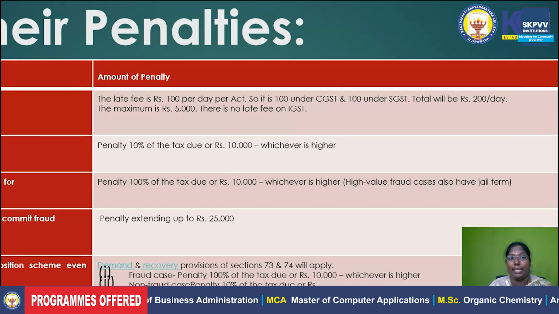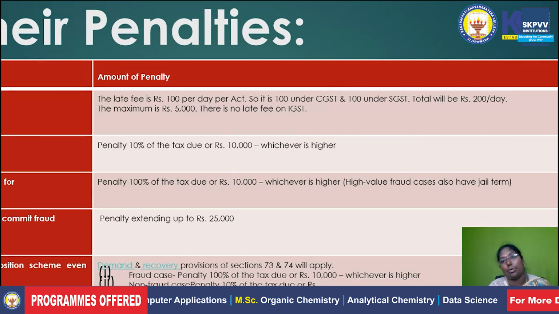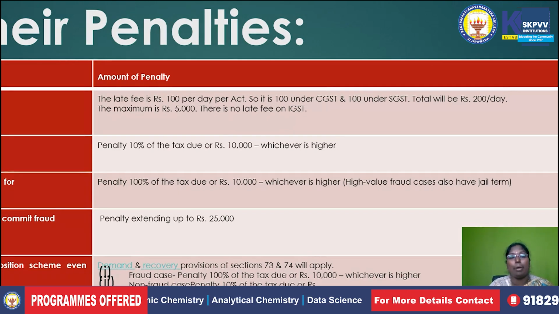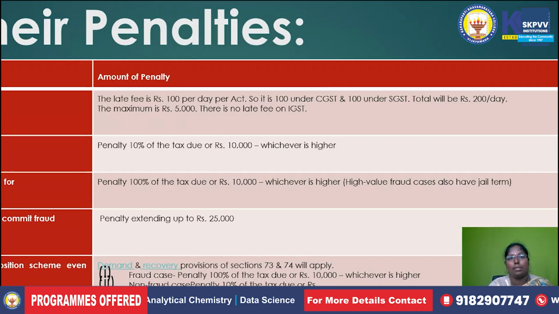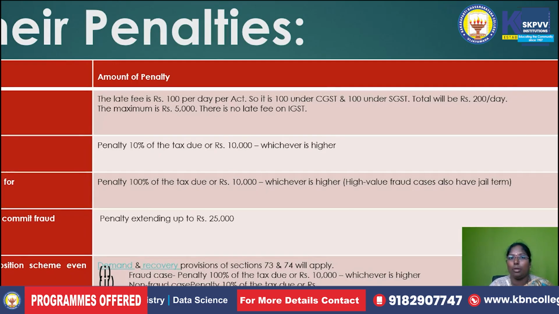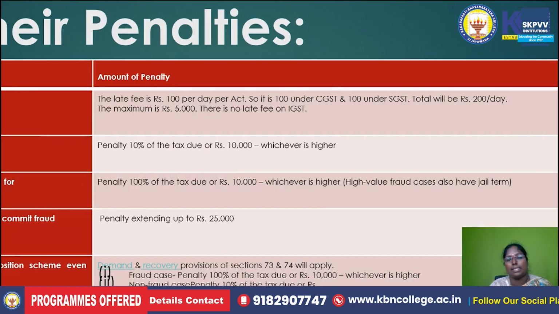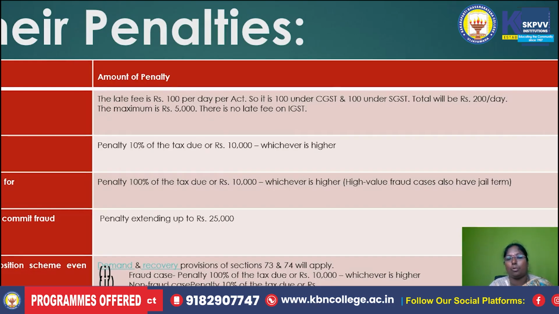The late fee is 100 rupees per day per act. So it is 100 rupees CGST and 100 rupees SGST, a total of 200 rupees per day, or a maximum amount of 5,000 rupees. There is no late fee in IGST. In IGST there is no late fee, only CGST and SGST, where the 200 rupees is distributed.